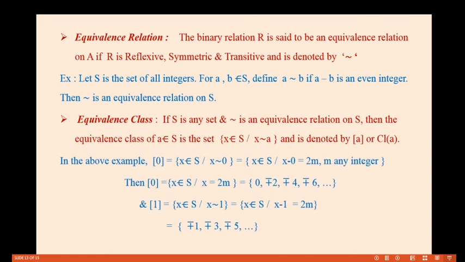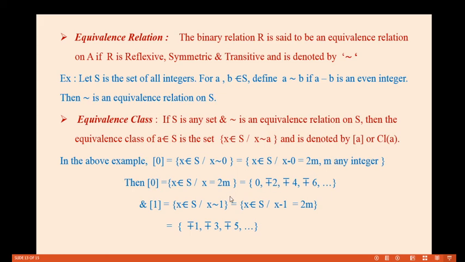For example, the equivalence class of 0 is the set of all elements in the set of integers which are equivalently related to 0. That is, x minus 0 is equal to 2m, where m is any integer.